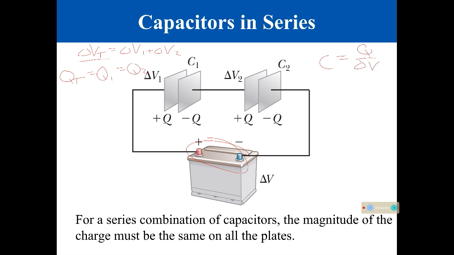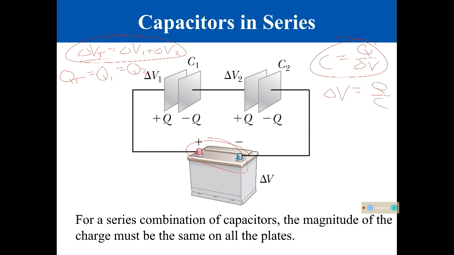If I have capacitance and I know voltage, I can get charge, or if I know charge, I can get capacitance. Let me rearrange this. This equation rearranged is that the voltage is charge divided by capacitance.